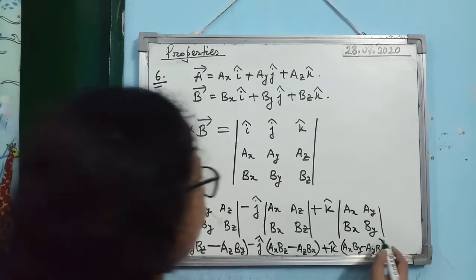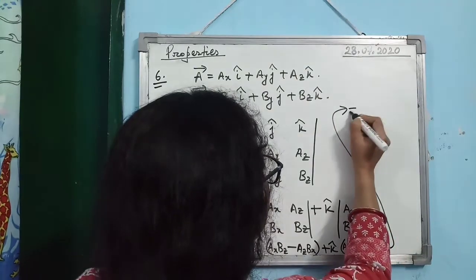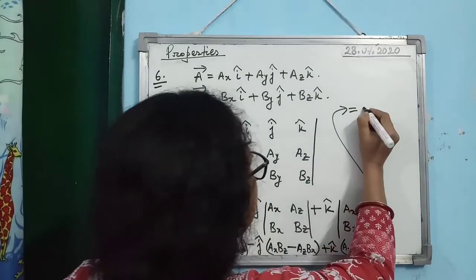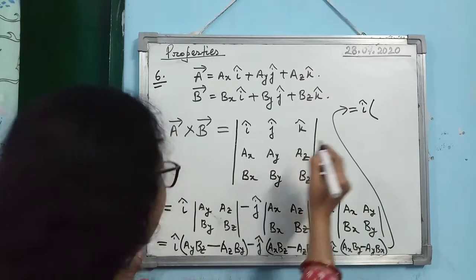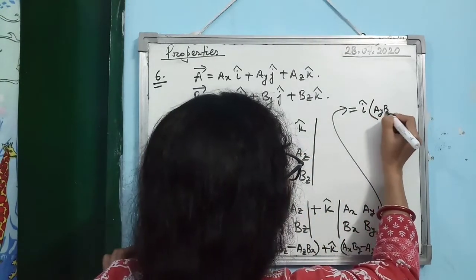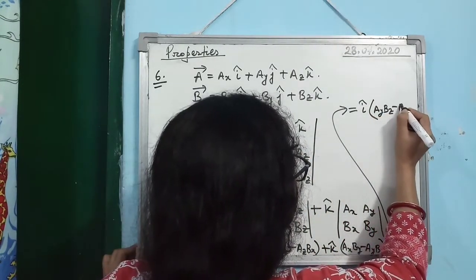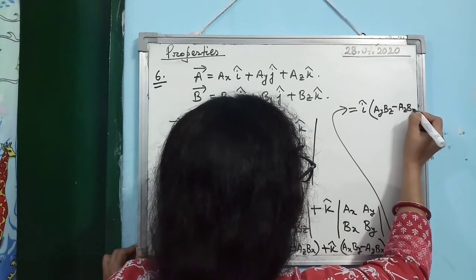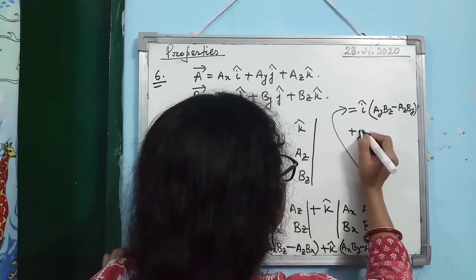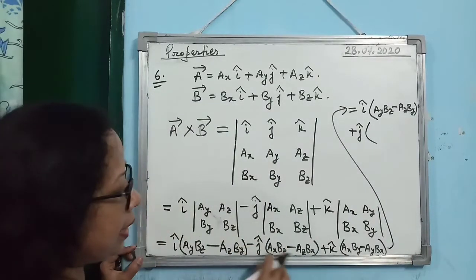Then as there is no place here, I am writing it here. So you see, you can write I into AYBZ minus AZBY, then plus J. This negative sign I am taking inside.